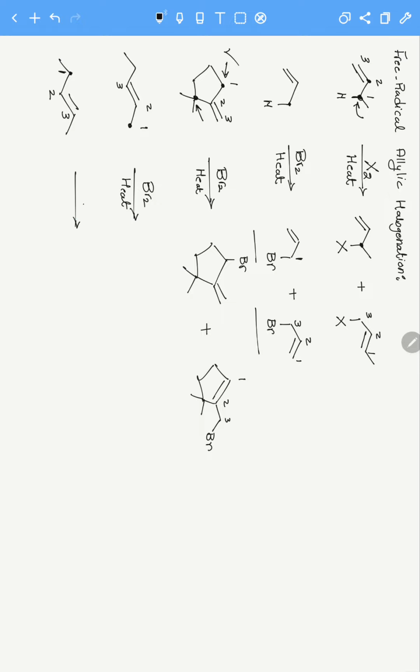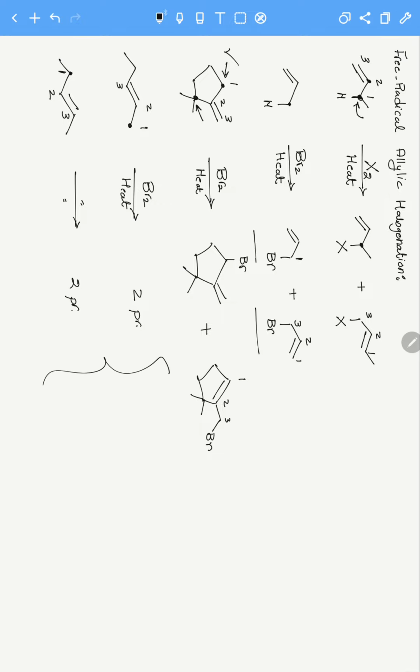So in reality, the reaction will take place at both carbons, and that's why we will get two products here and two products here. And sometimes we may have even more than two possible allylic positions, and several products could be obtained.